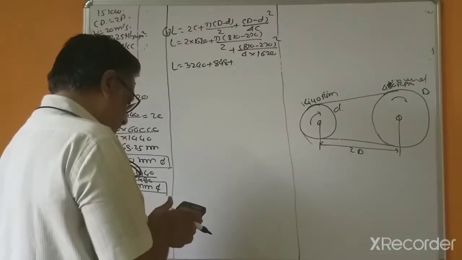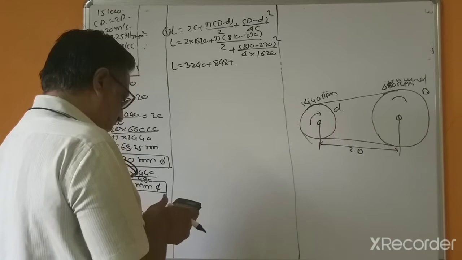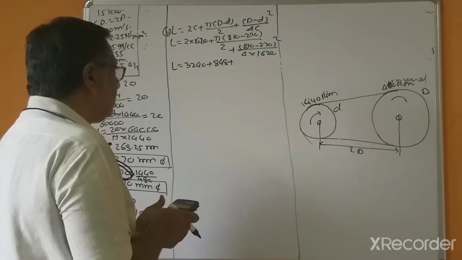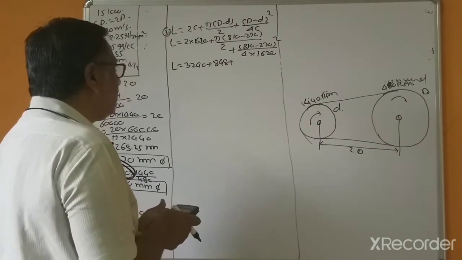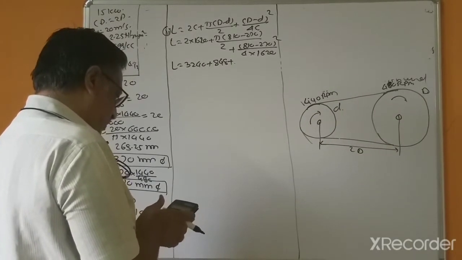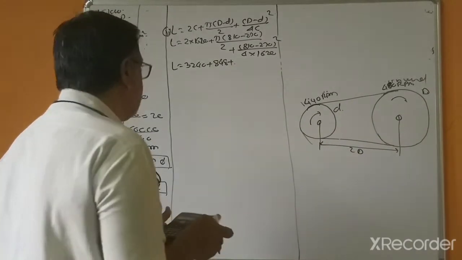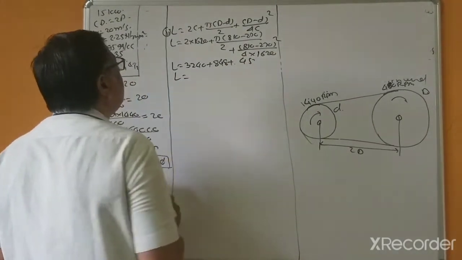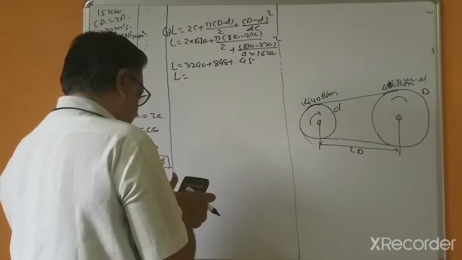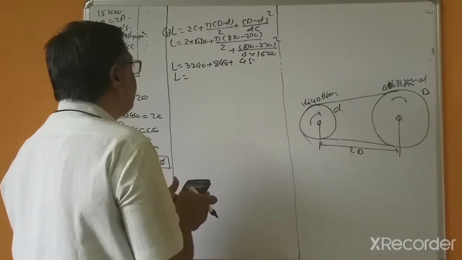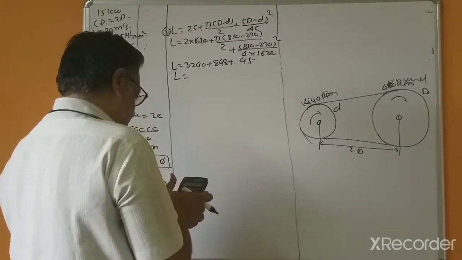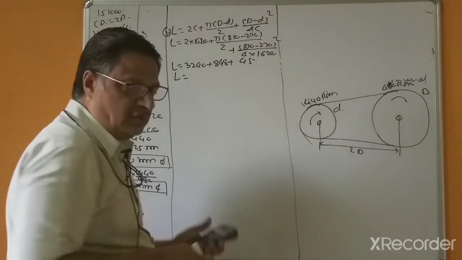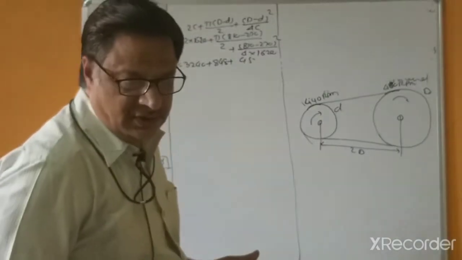Now 810 minus 270 whole square divided by 4 divided by 1620 is equal to 45. So the length of the belt is 3240 plus 848 plus 45, which is 4133.